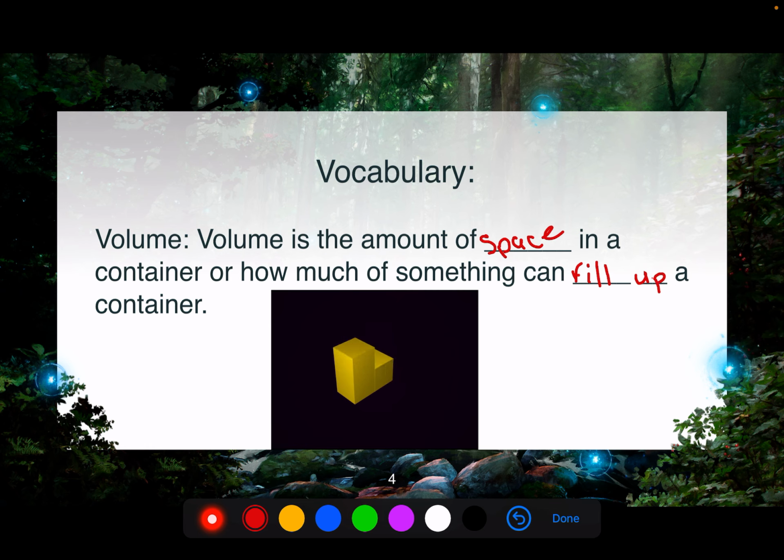So volume, think about it as if you're pouring something into a cup, or into a box, like how much fits inside of it. So remember, area was the outside of it, or what covers it. Volume is the inside, okay?